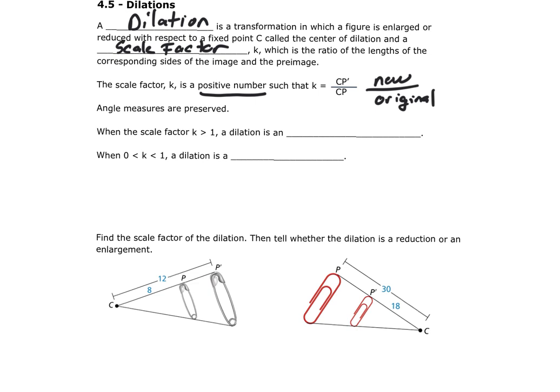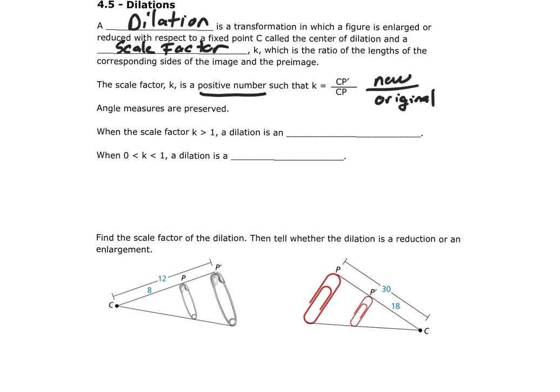If I tell you that this side was 2 inches long and this one is 4 inches long, then my scale factor would be 4 over 2, which would be 2. So the figure is bigger, but my angle measures did not change in that particular figure.